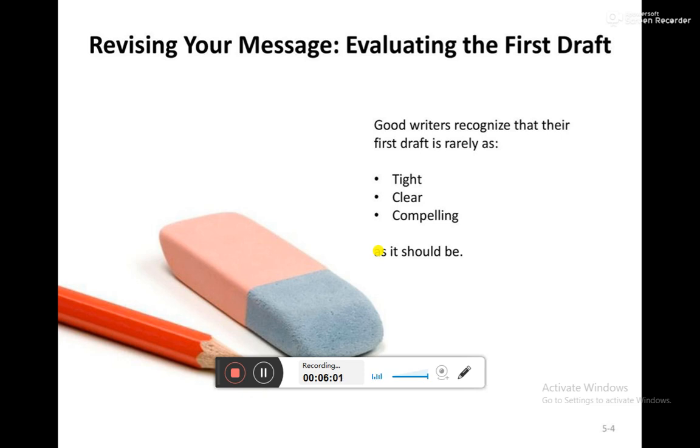Particularly with important messages, try to plan your work schedule so that you can put your first draft aside for a day or two before you begin the revision process. Doing so will help you approach the material with a fresh eye. Then start with the big picture, making sure that the document accomplishes your overall goals.